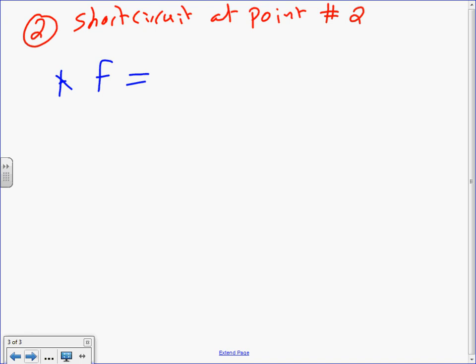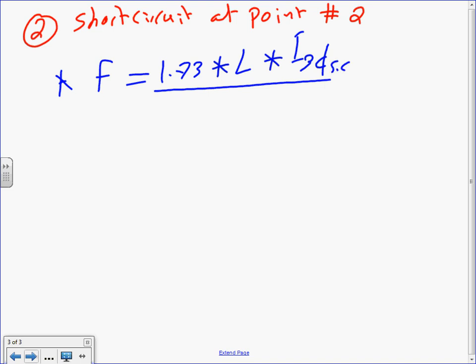So the F factor formula is the following: is it three phase? 1.73, that's for three phase, times L, and I'll explain this in a second, times I three phase short circuit, divided by C, multiplied by N, multiplied by V, the voltage.